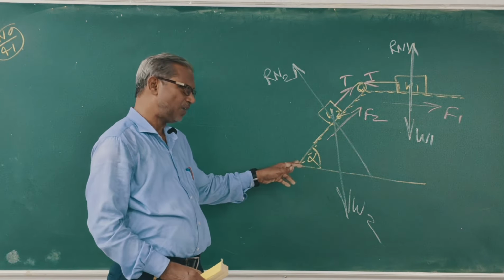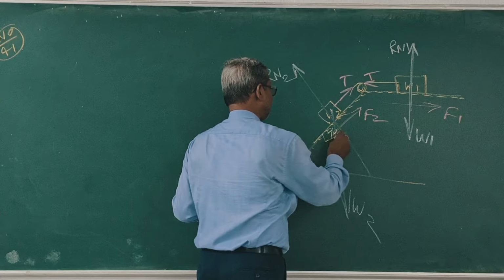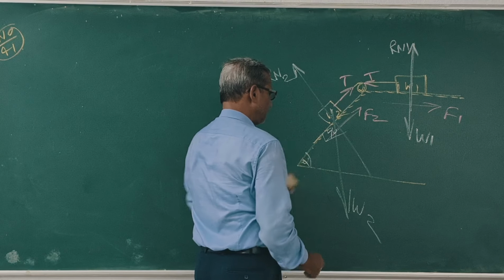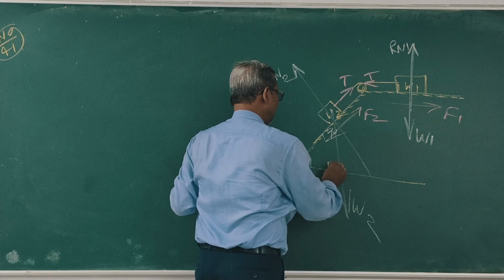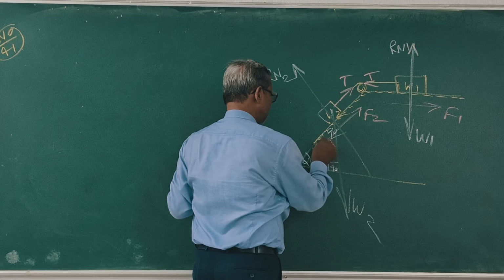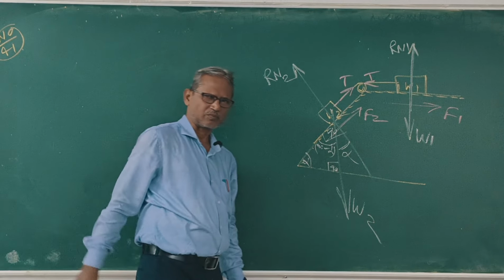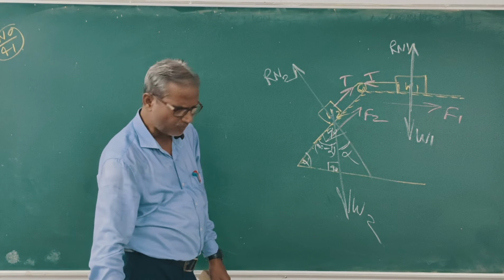So what is this angle? This is angle alpha. This is 90 degree. Clear? Normal to the surface. What is this angle? 90. So this angle is 90 minus alpha. What is this angle? Alpha. Clear?